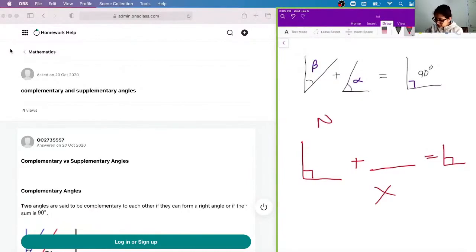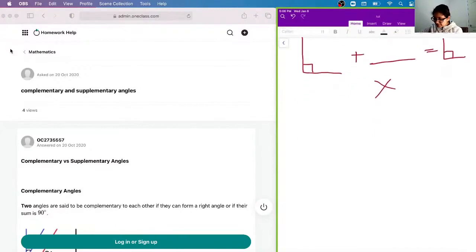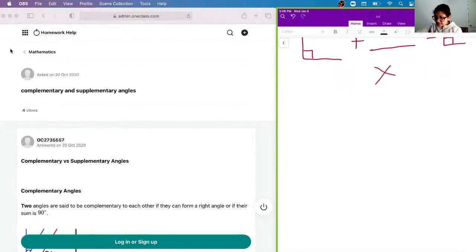And even if three angles add up to 90 degrees, they are not complementary to each other, because complementary angles are in pairs. That is one other point.